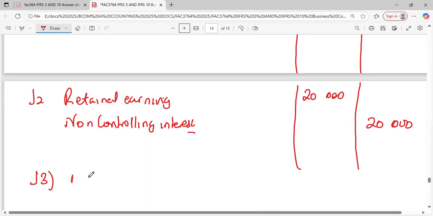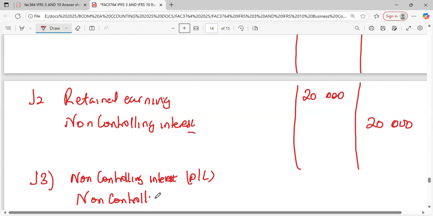So which means you are going to have your non-controlling interest, profit and loss, then your non-controlling interest, statement of financial position.